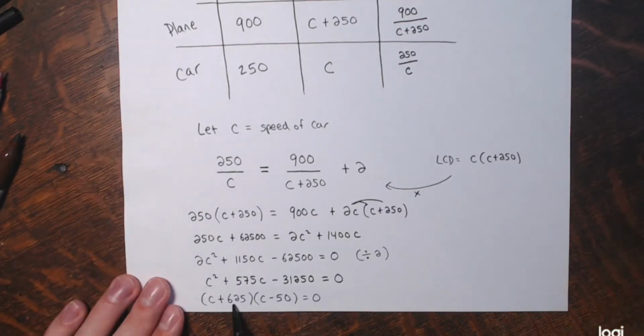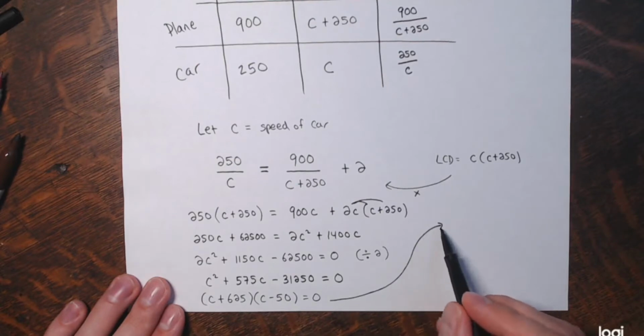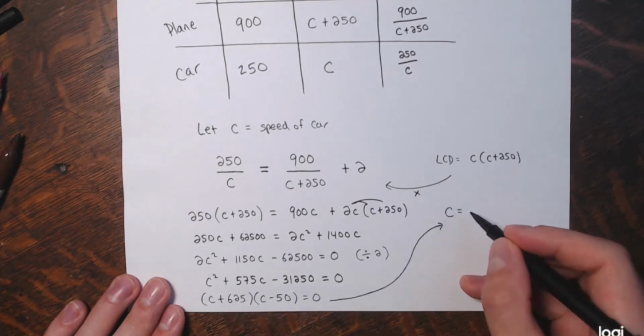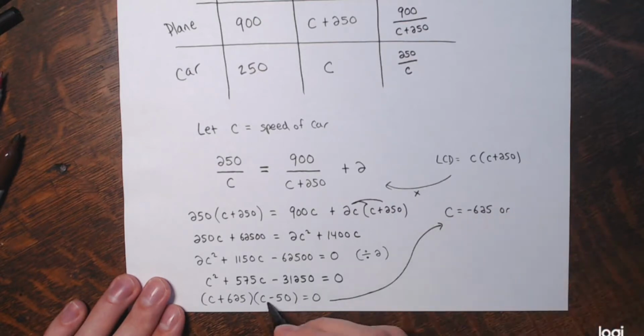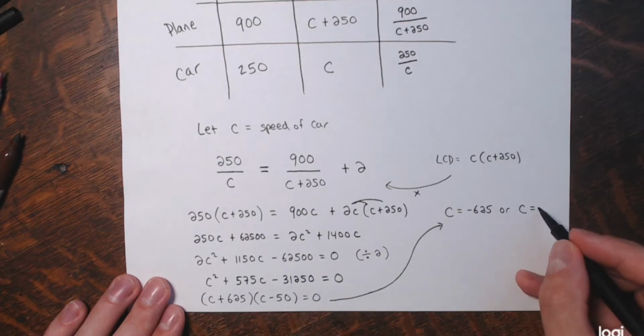Alright, so I figured out that this factors to C plus 625 times C minus 50. I'm bringing this over here. So the only possible solutions to this are C equals negative 625 or C equals positive 50.